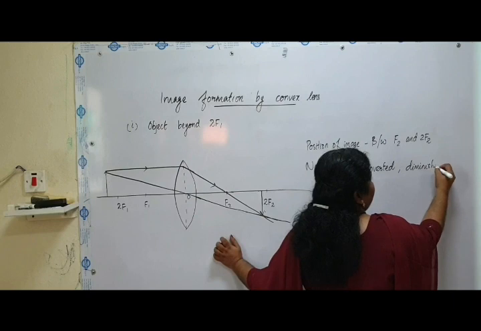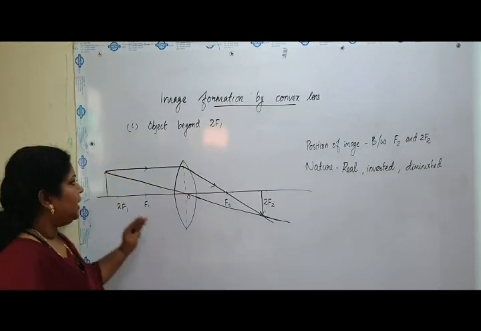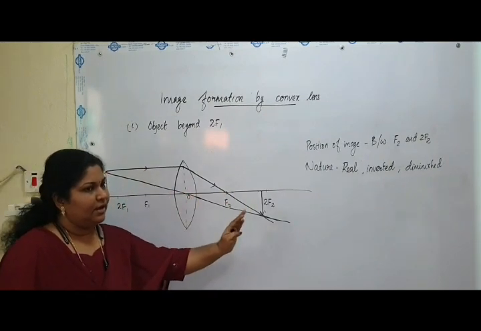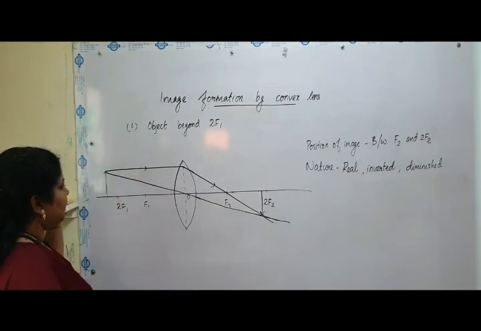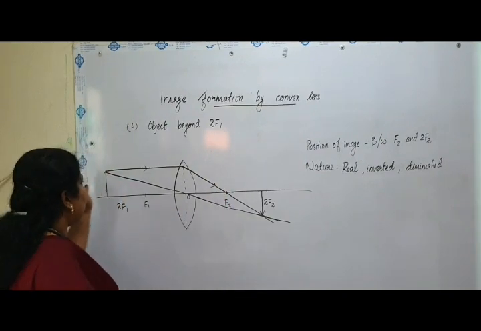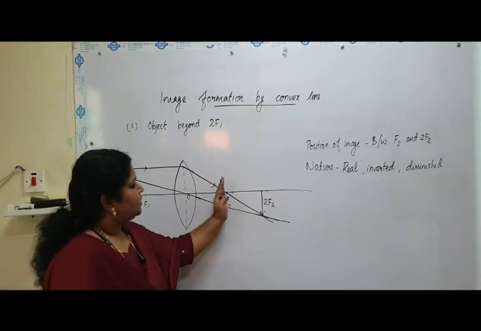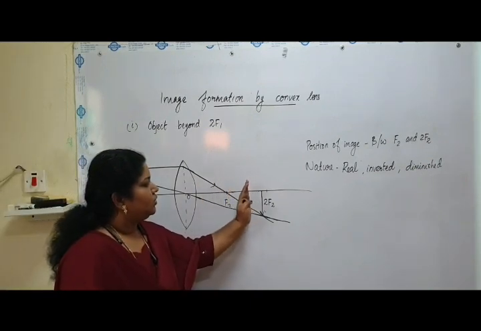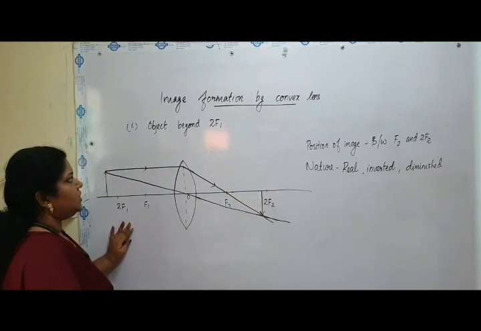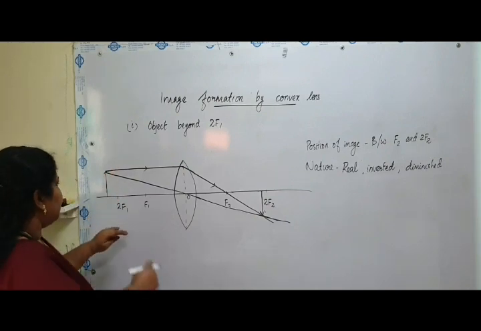That means small image is formed. So when we are moving the object towards the lens, the image is moving away and away. In the first case, when the object was at infinity, image was formed at F2. Now when we moved it beyond 2F1, the image from F2 has moved to between F2 and 2F2. Next position, we are going to keep the object at 2F1.